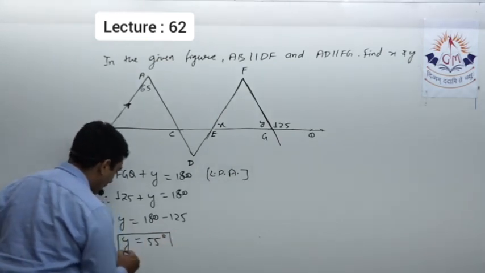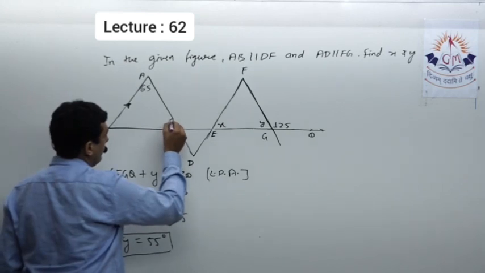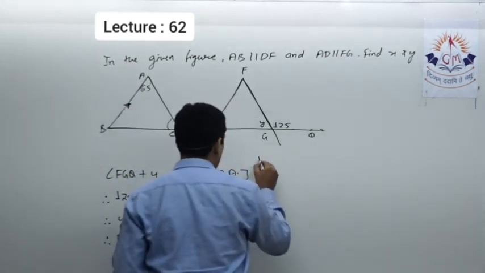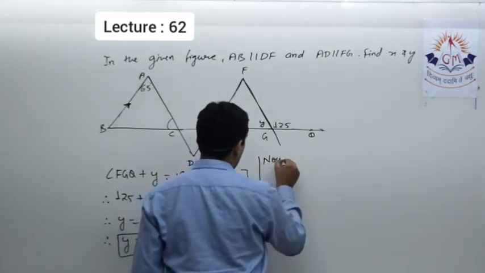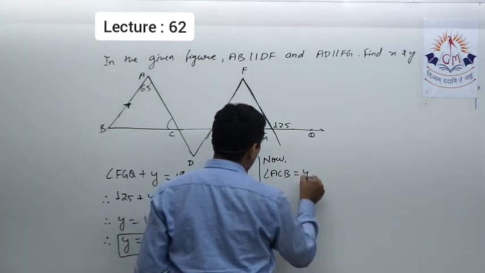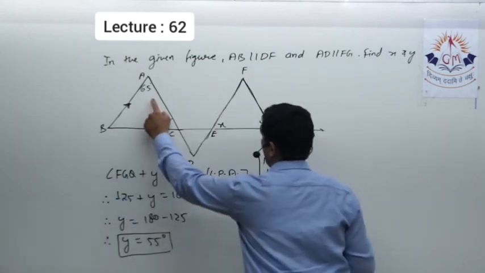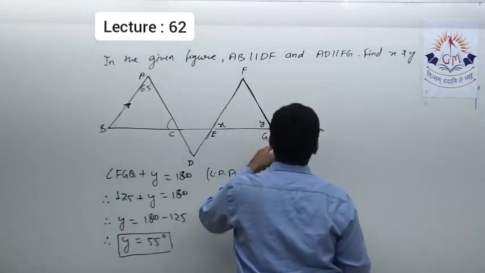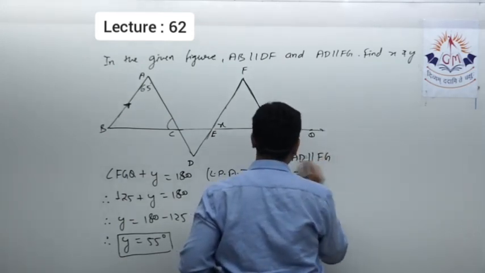Now to obtain X, first we'll get the measure of this angle ACB. So here I am writing the solution. Angle ACB is equal to Y, corresponding angle, or before that it's better to write AD parallel to FG.